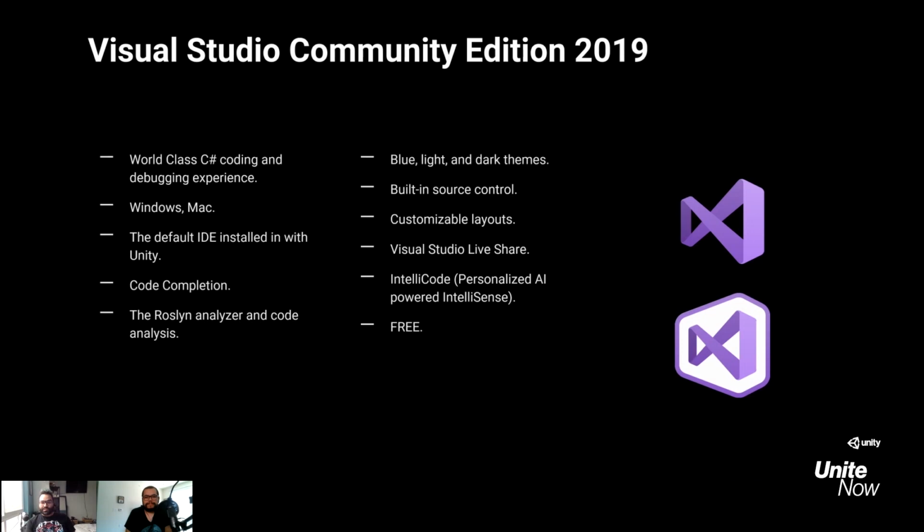The good thing about Visual Studio Community Edition 2019 is that it's completely free. And the one thing that I want to point out is that the Community Edition specifically actually has the same functionality as the Enterprise or the Professional editions.